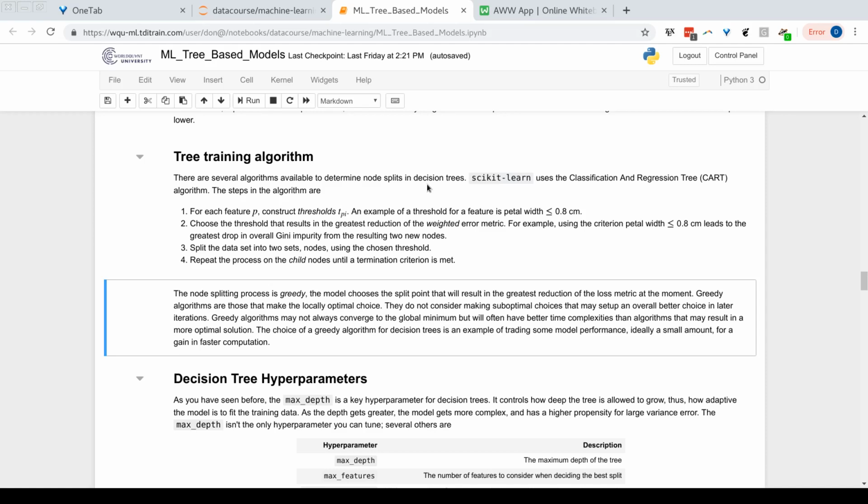In other words, the greedy algorithms tend to be simple. They tend to converge faster. If we were to use them, we get an answer a lot faster than if we used a more sophisticated algorithm that might consider making suboptimal choices early on that might open us up to a greater optimal choice later on, plan ahead. But those algorithms are going to be more computationally expensive. They're going to take longer to run.